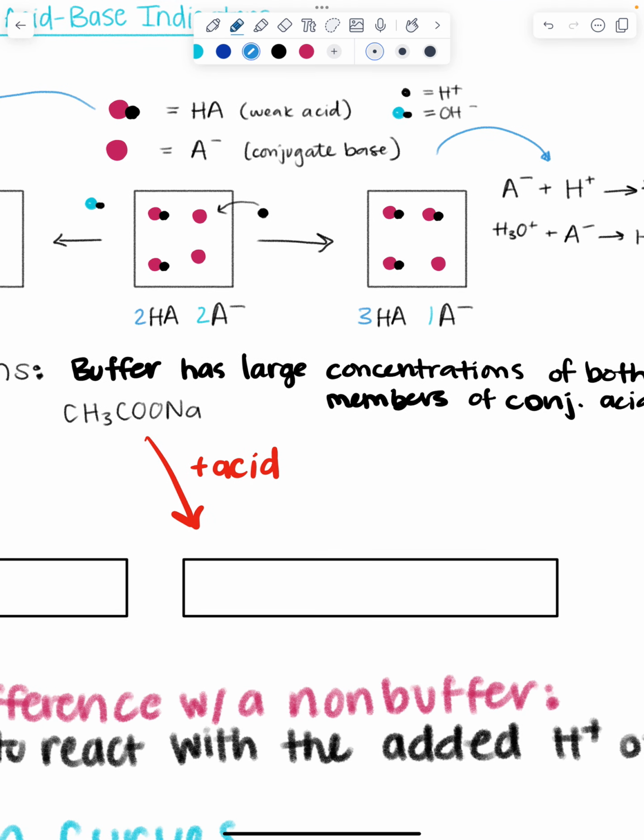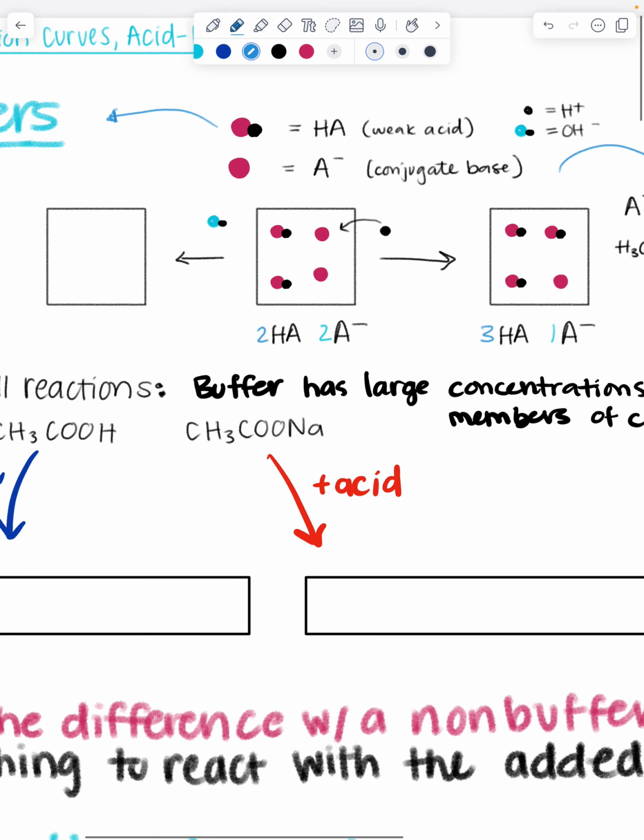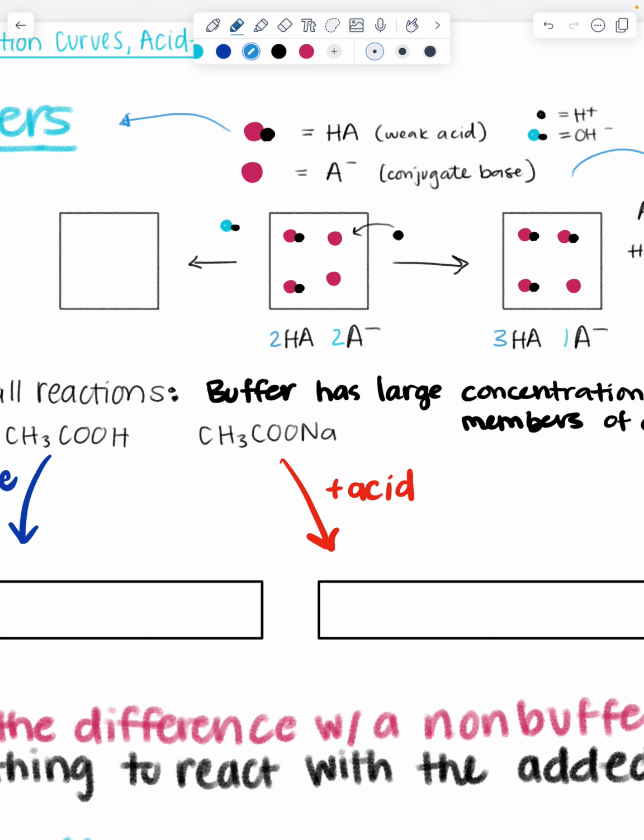Okay, so that's what happens if you add strong acid, and a very similar reaction happens when you add a strong base. Now the base is going to react with the weak acid and form water again and an A minus. So the hydrogen ion that's on the HA is going to attach to the OH minus and neutralize the strong base.